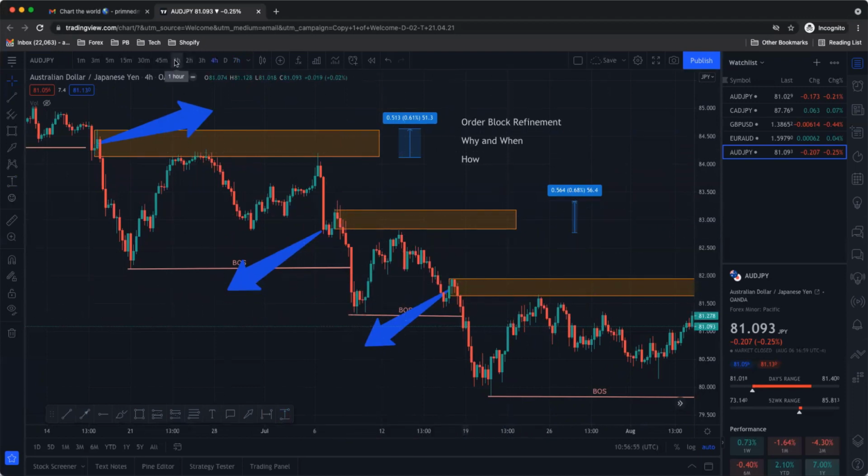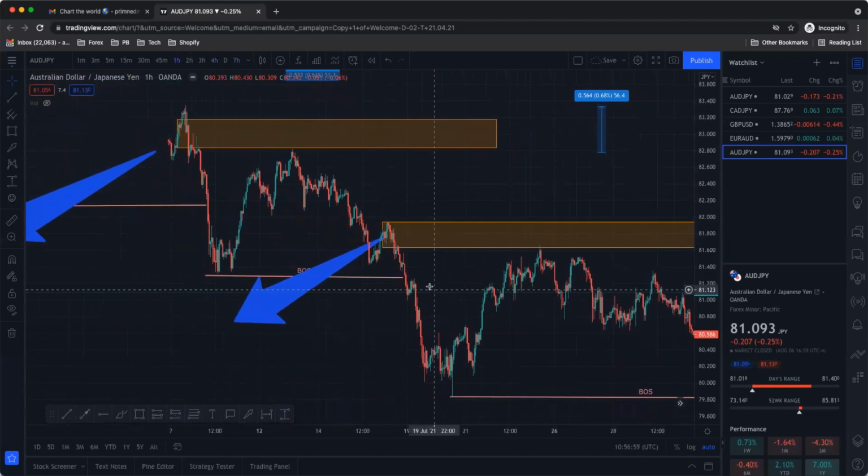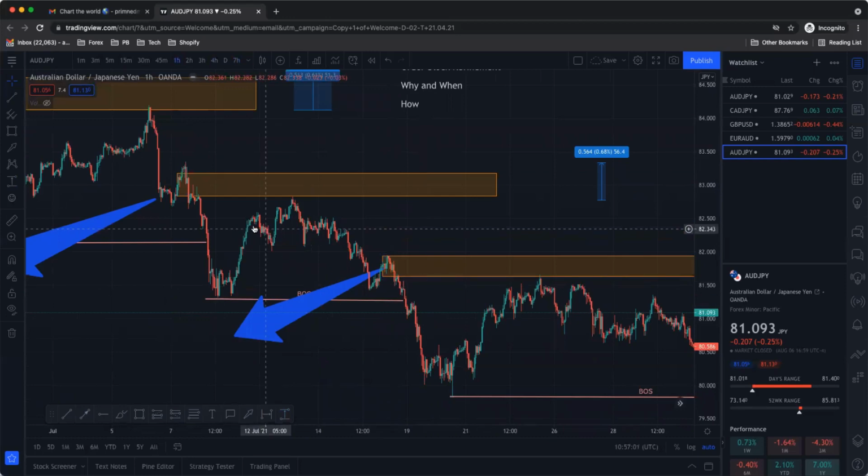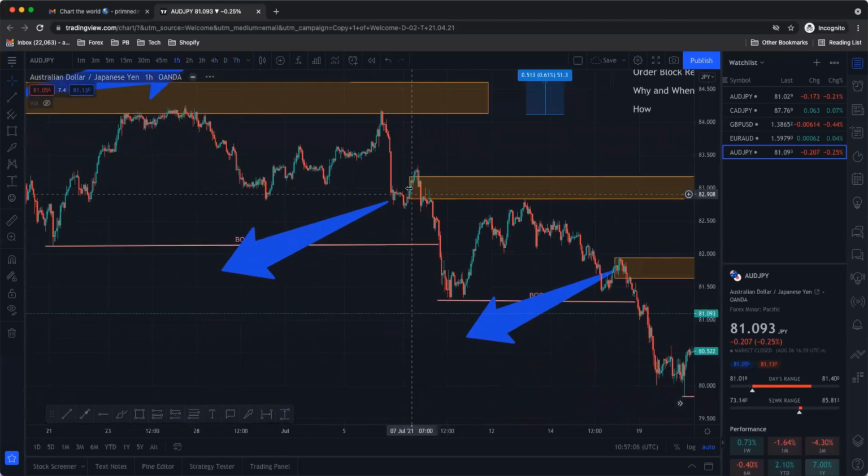Let's go to the 1 hour. This is an order block as well, but look, this didn't break structure, it just stopped here.